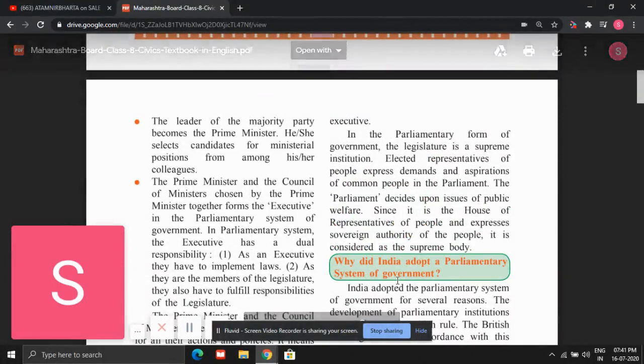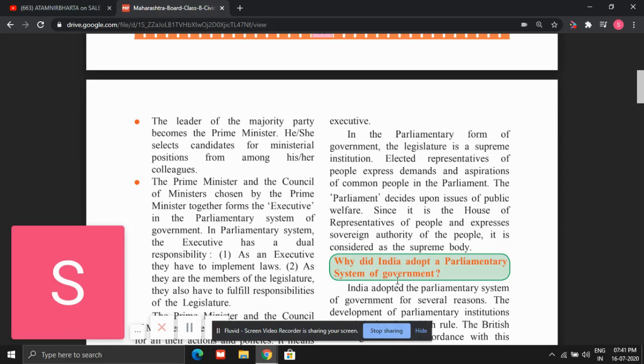In the parliamentary form of government, the legislature is a supreme institution. The legislature has the supreme authority. The elected representatives, whom the people have elected, go and express their demands. They keep the demands and aspirations of the common people in the parliament.